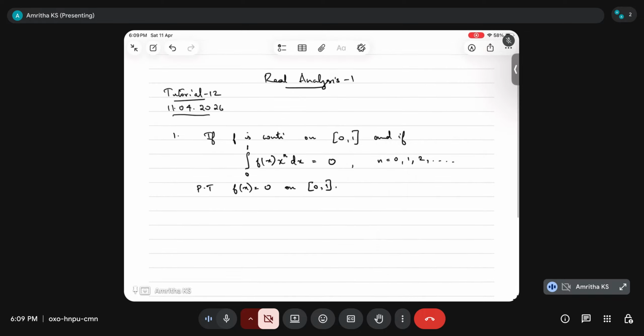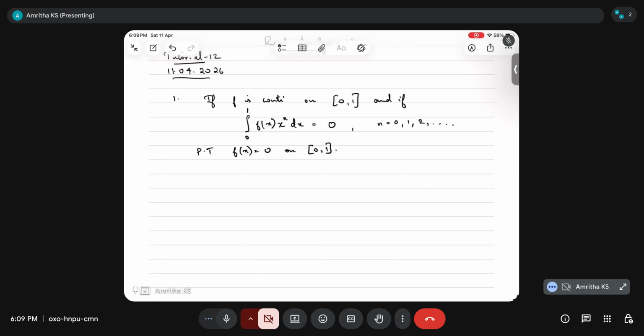So let me recall the Weierstrass approximation theorem. The Weierstrass approximation theorem says that if you have a continuous function f on a closed interval [a, b], then f can be uniformly approximated by polynomials, right?